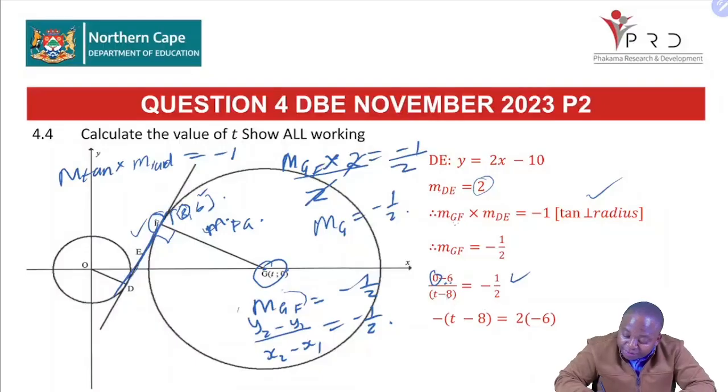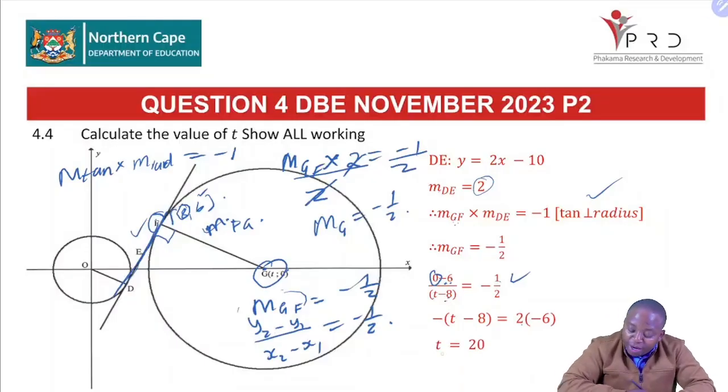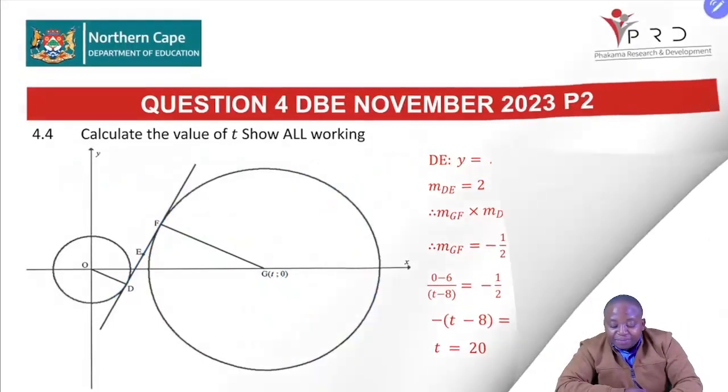We get -1 multiplied into t minus 8 equals 2 into -6. Then we can now find our t is equal to 20.